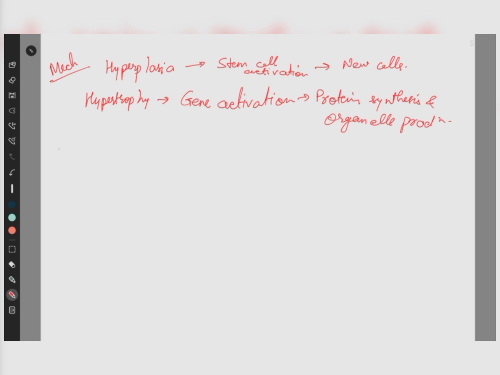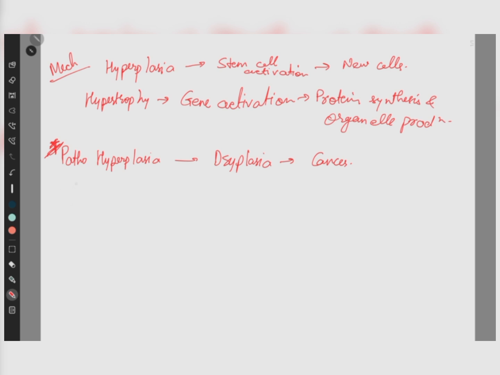A point here to remember is that long-standing pathological hyperplasia can lead to dysplasia, eventually causing cancer. So this is a classical differentiating point of hyperplasia and hypertrophy, as hypertrophy does not cause dysplasia, neither does it cause cancer.